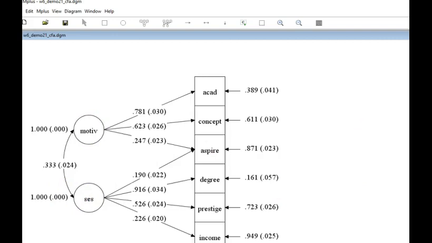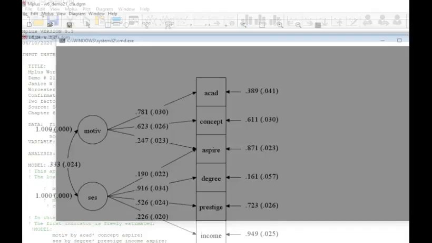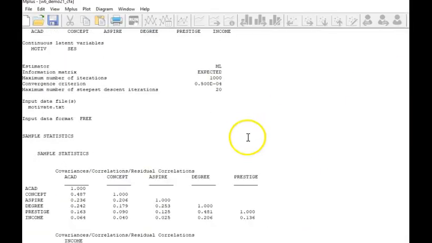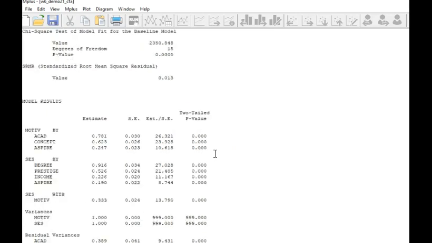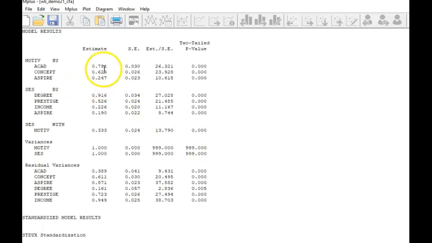And you might have a research example where that would be important for you to use. And just to show you here, the model is fitting very well right now. You can see Aspire has a loading on each. Both of the loadings are very low though, so you're actually splitting the loading between the two factors.